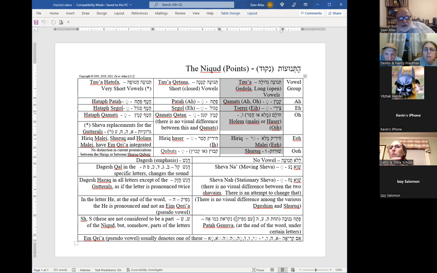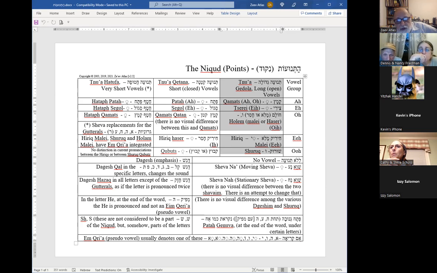The tzeire, which is a long e, sefer, for example. Cholam, both with a vav or without a vav, is considered a tnuah gdola, which is o, or oi in some Ashkenazi dialects, and the chirik, which is an i sound, and the shuruk, which is a u sound.